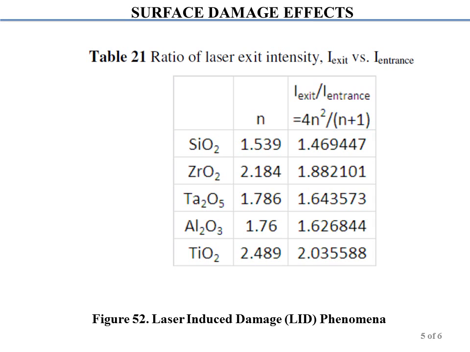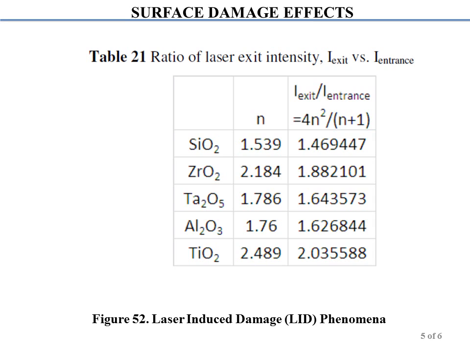So for silicon dioxide, you can see the refractive index is 1.539 and the ratio is 1.469. For zirconium dioxide, the index is 2.184 and the ratio is 1.882. Tantalum pentoxide is 1.786, and the ratio is 1.644. Aluminum oxide, the index is 1.76, and the ratio is 1.63.